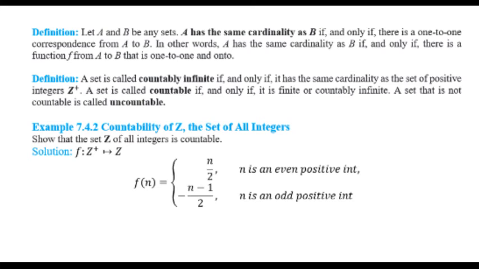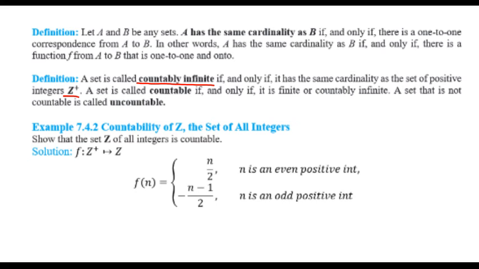Now let's extend this definition to a countable definition. We say a set is called countably infinite if and only if it has the same cardinality as the set of positive integers Z plus.